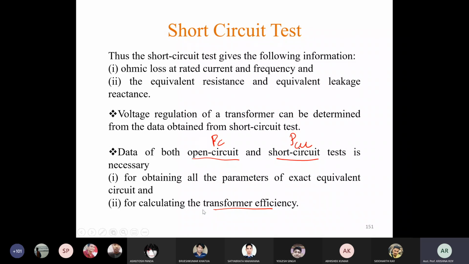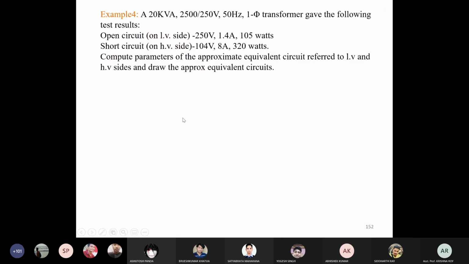Any question up to this? No, sir. Yeah, clear. Okay, then note down this problem. You try to solve it by yourself first, then I will discuss it in the next class.